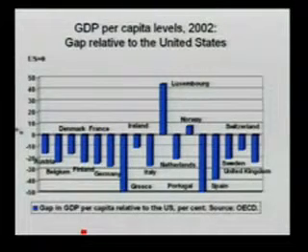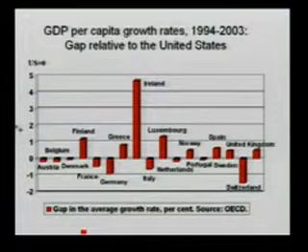But then we look here at the GDP per capita growth rates. I take averages over the 1994-2003 period. Again, these are gaps relative to the United States. Ireland has a very high positive gap because the country has been able to attract a lot of foreign capital, and there were a lot of multinationals entering the island in this period.